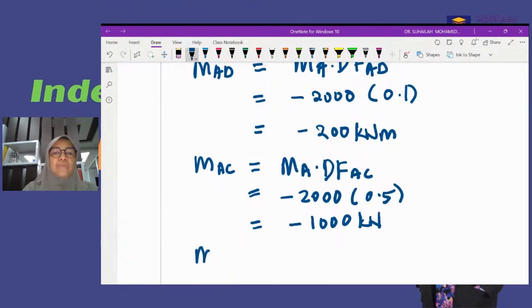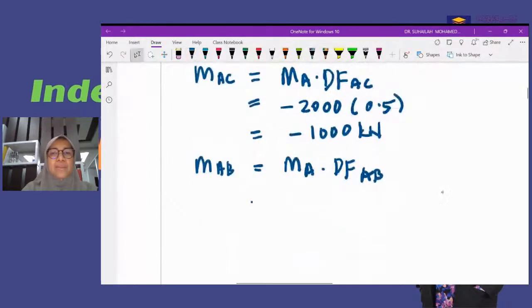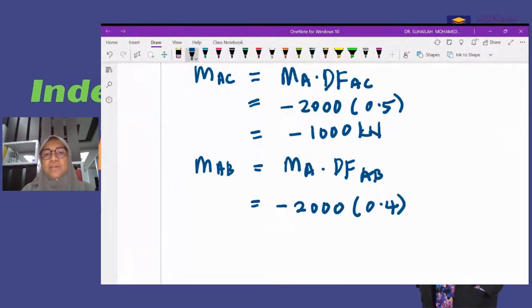And we have MAB, which is MA times distribution factor AB. So we have negative 2000 times 0.4, and this is equal to negative 800 kilonewton meter.